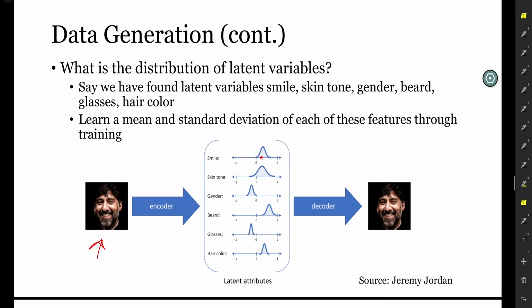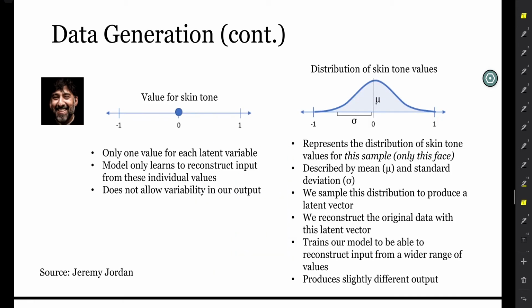Then the distribution of latent variables would describe how each of these variables varies. If we were calculating just the regular latent variables for this picture, we would get only one value for skin tone. In this example, it's 0, but it may be over here closer to 1, or it may be over here closer to -1. The point is, we would only get one value.